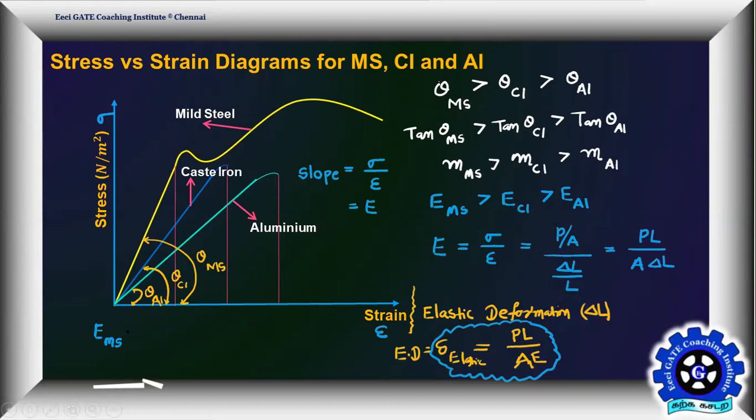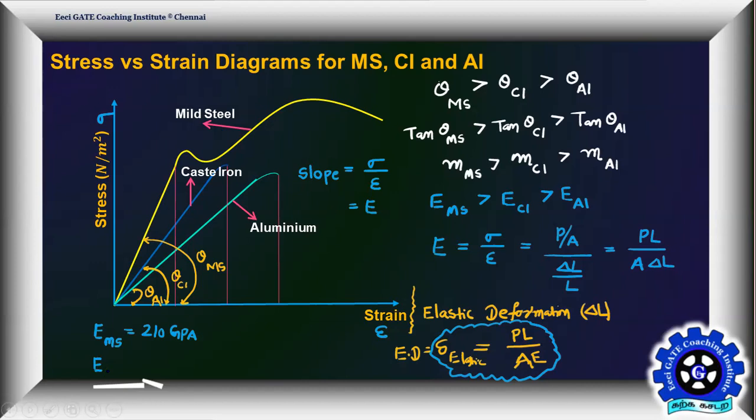E mild steel is generally 200 or 210 gigapascal. Generally, people will give 210 or 200. There are so many steels. That is why. There are different types of cast iron also, gray cast iron, nodular cast iron. There are so many cast irons.